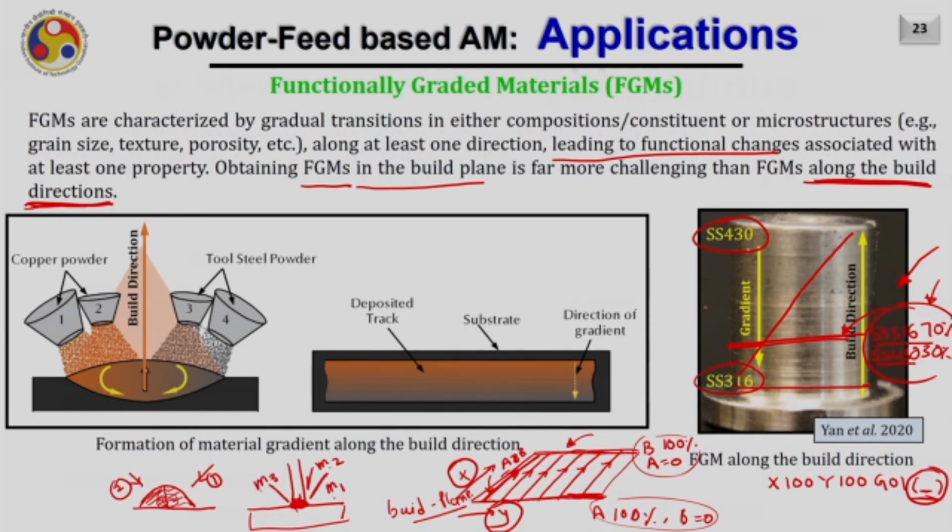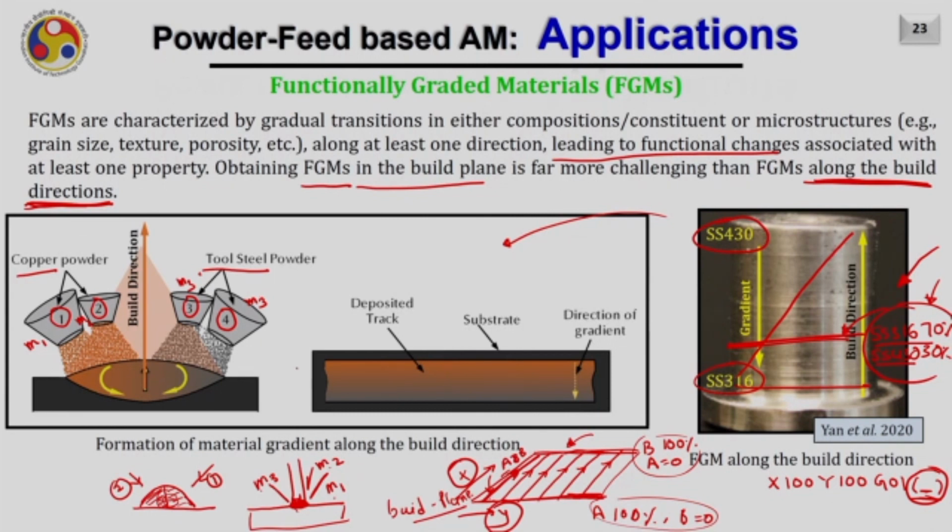How does it work? As you can see here in this diagram, if you have multiple nozzles, for example, these are the two nozzles corresponding to one material, here written as copper, and the other two nozzles correspond to another material, which is written here as tool steel powder. Now, some particular mass flow rate of powder is coming from these nozzles, and that will remain constant for a particular layer.